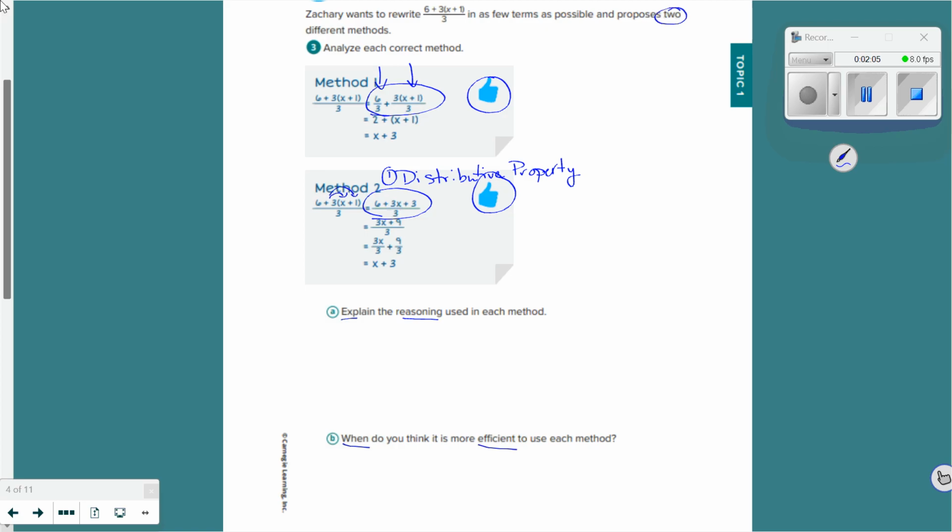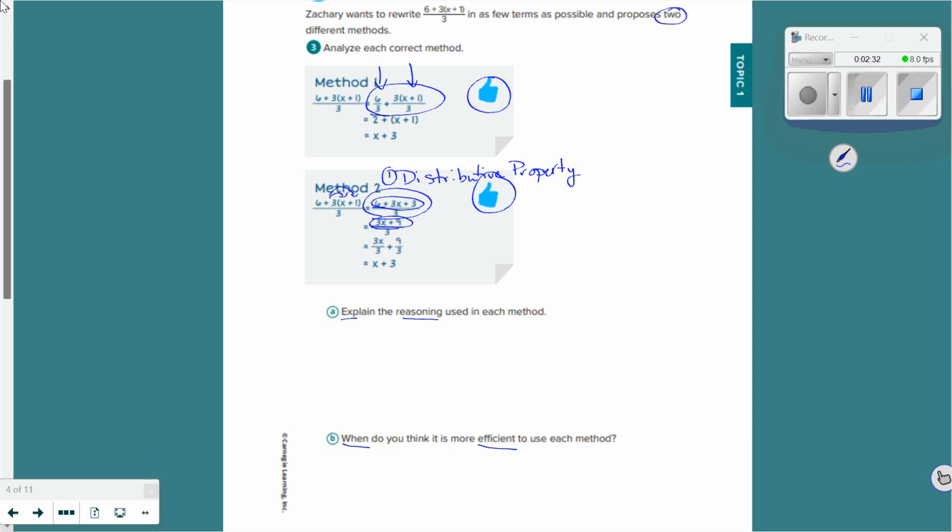Then what did he do when he went from this step to this step? That was actually last lesson. We gave you a vocabulary term. What's the math term for it?